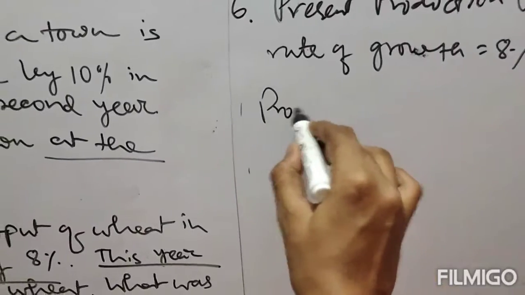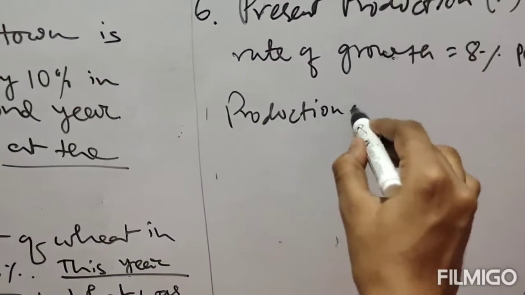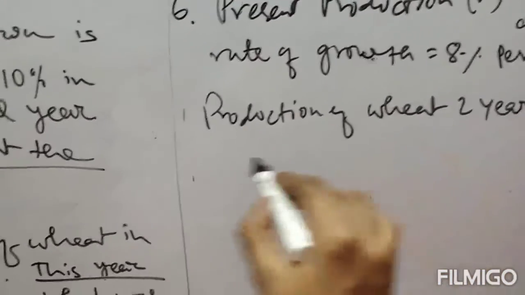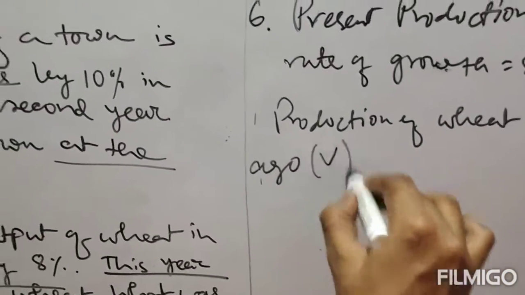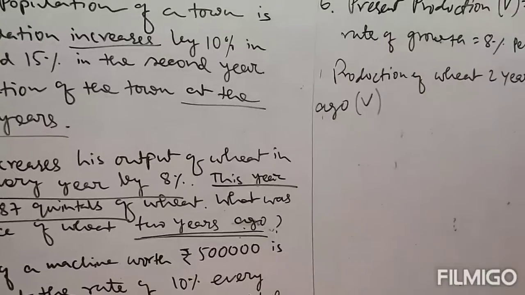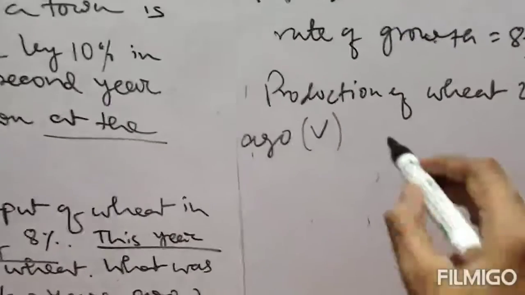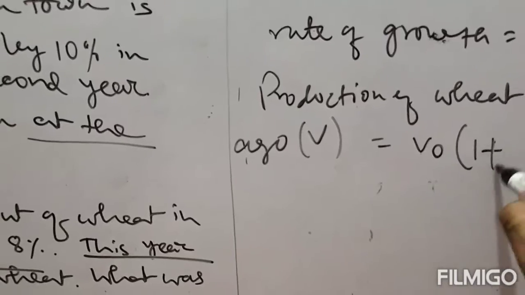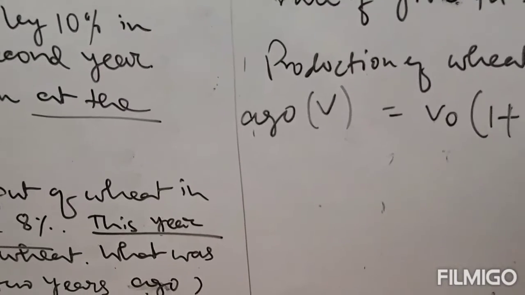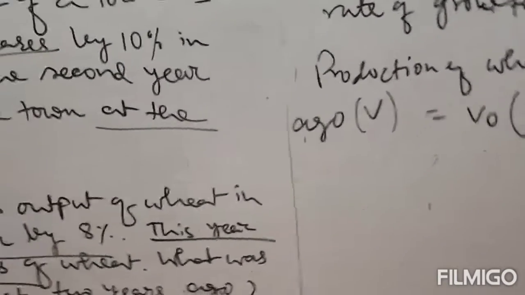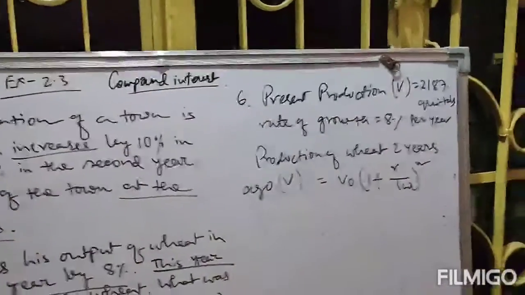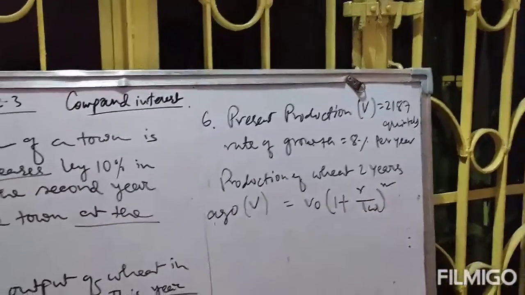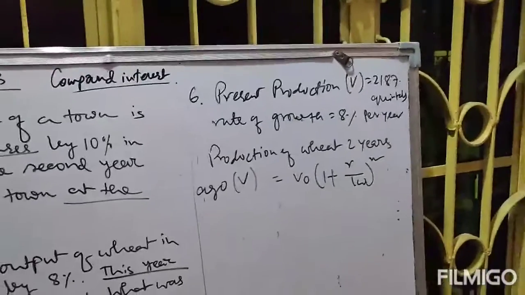So the production of wheat 2 years ago, that is V0. That will be V equals V0 times (1 plus R by 100) to the power n. Clear? This is the formula for n years ago.